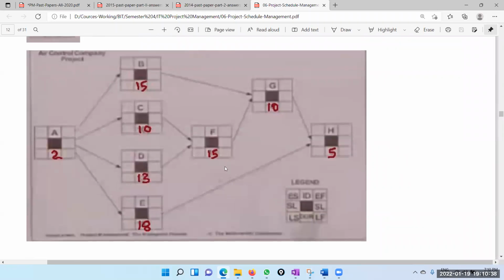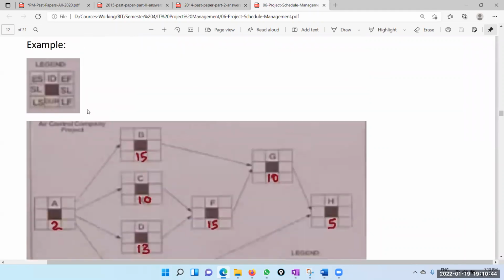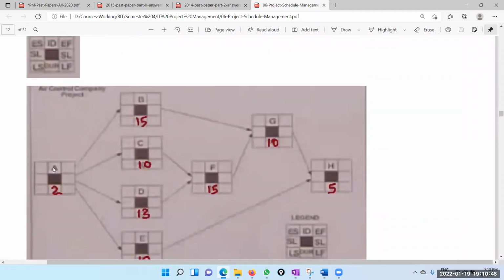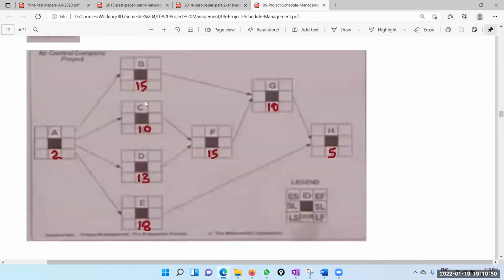Now let's assume that these are the dependencies, and then we will do past paper questions as well. We have activities A, B, C, D, E, and B, C, D, and E depend on A. When we say depends on, it's finish to start. Unless they mention specifically, you always assume that it is finish to start.